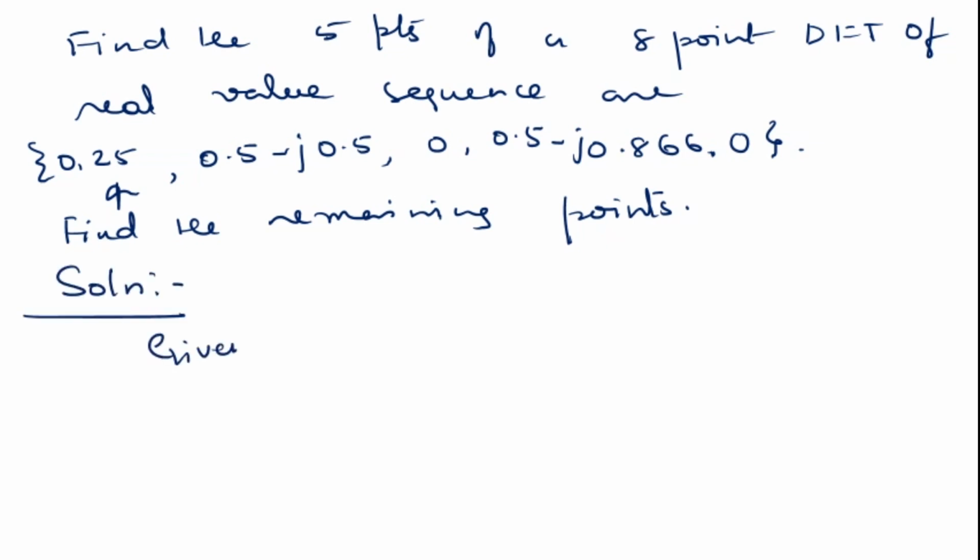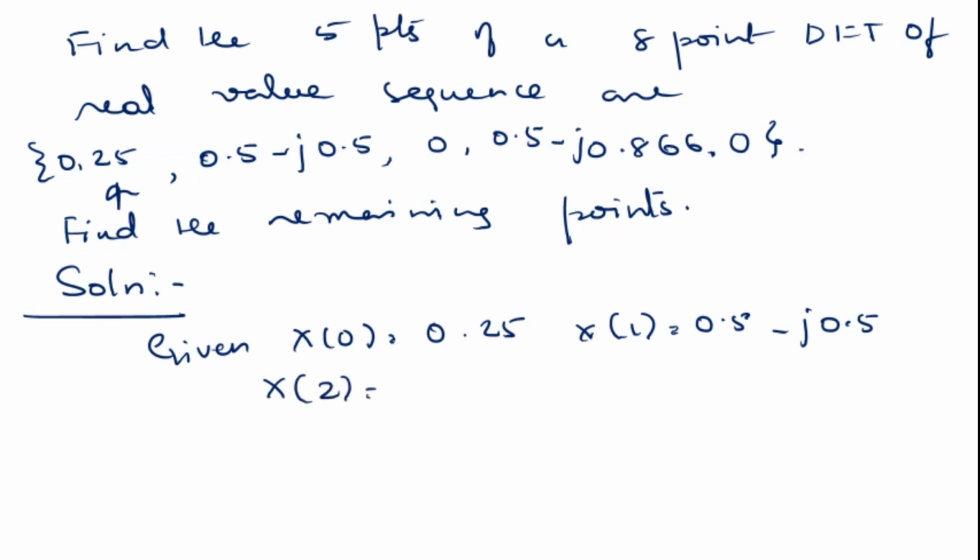Given x of 0 is equal to 0.25, x of 1 is equal to 0.5 minus j 0.5, x of 2 is equal to 0, x of 3 is equal to 0.5 minus 0.866j, x of 4 is equal to 0.